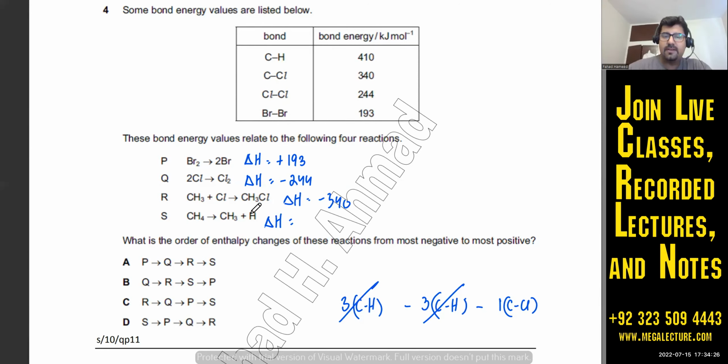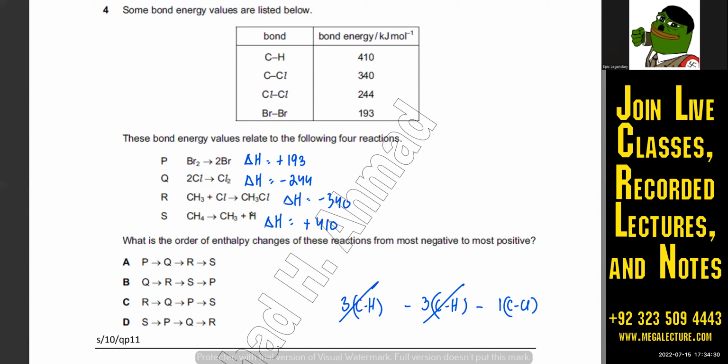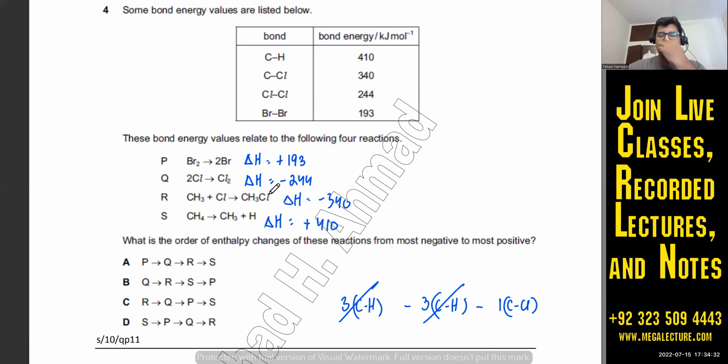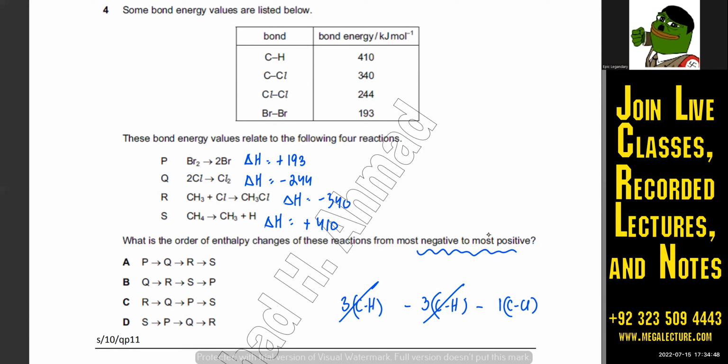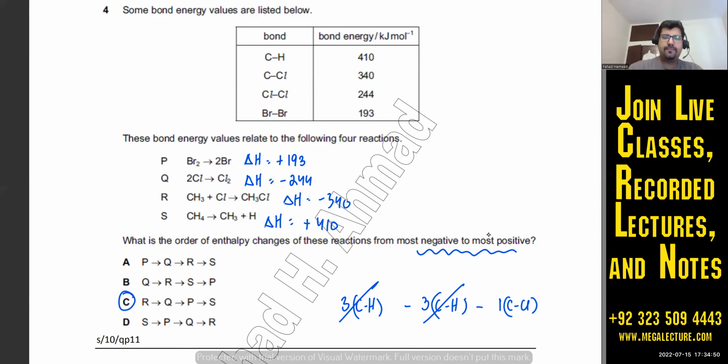Okay, because in the whole reaction, only a C-H bond is being broken, right? So plus 410. So what's the order from the most negative to most positive? Sir, C. Okay, so there's only one option that's starting with the right value, so it's going to be C.